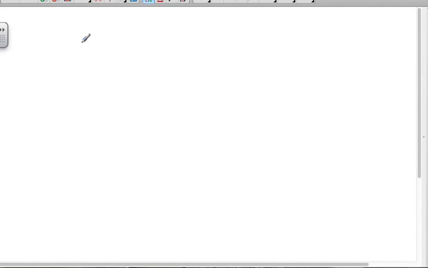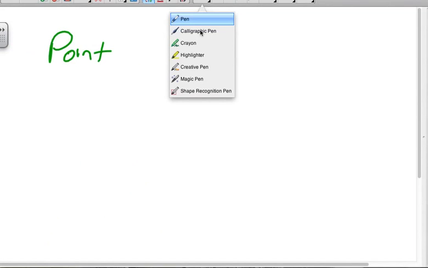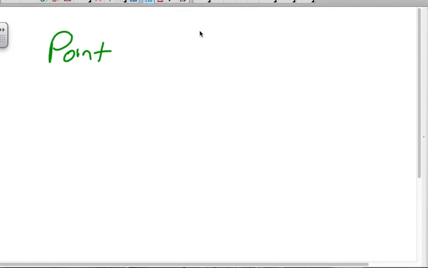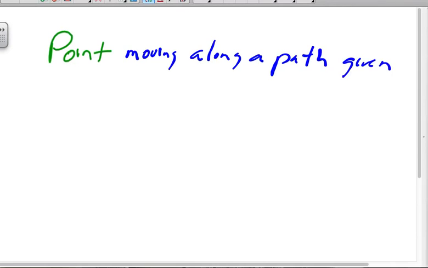So, in this example, I've got a point moving along a path given by y equals x squared plus 1.